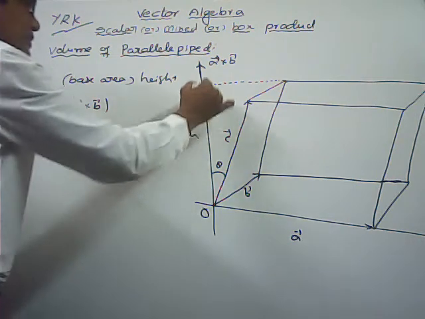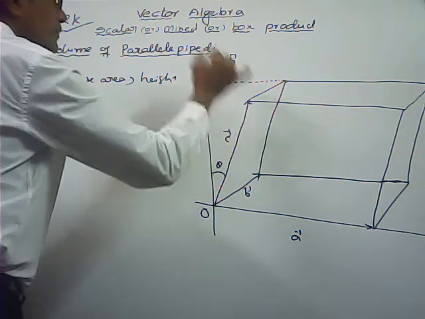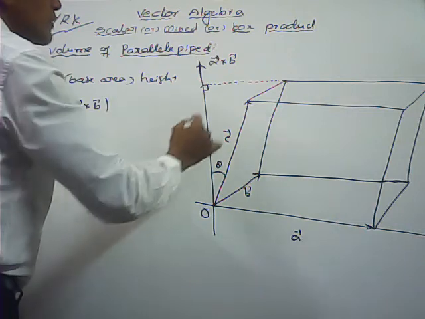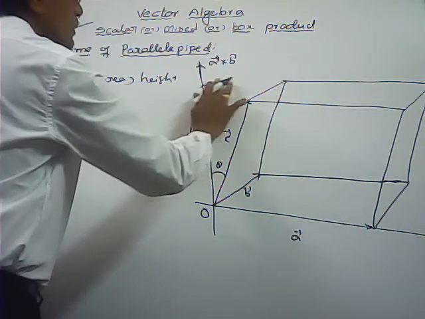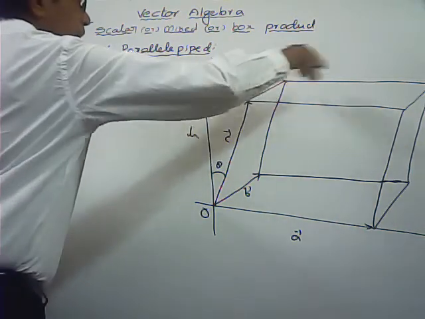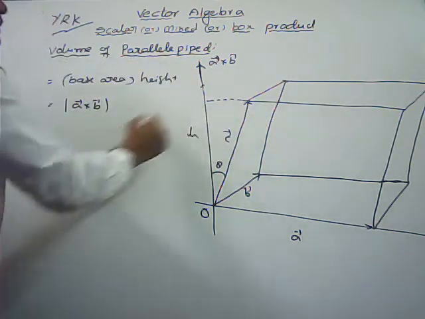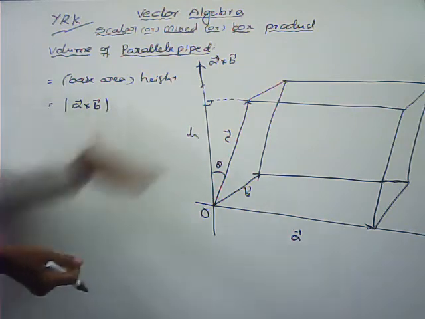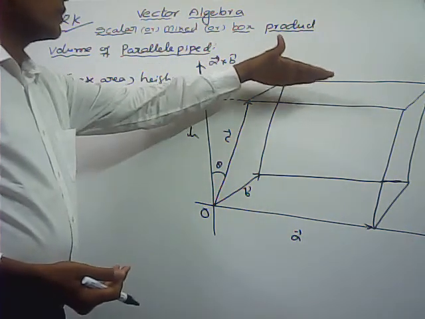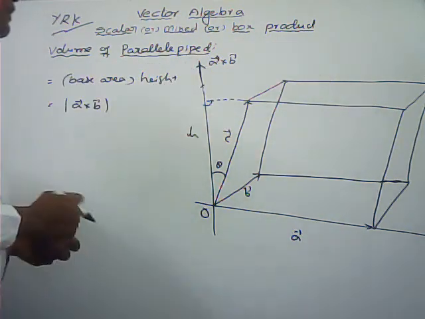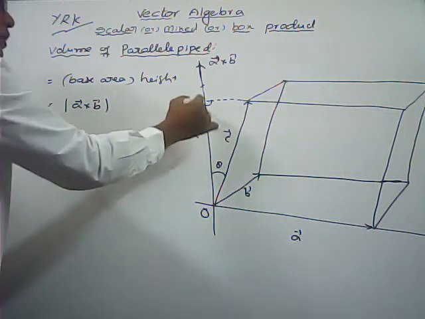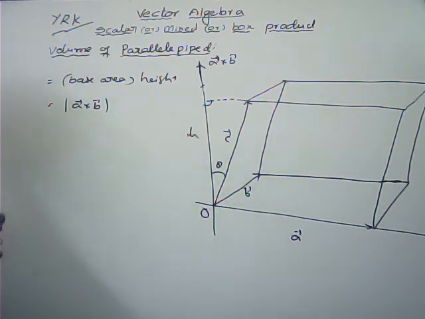Now here this is the right angle triangle. This one only, this total plane only. This is the total plane. So height of the parallelopiped, now this height I am taking h.